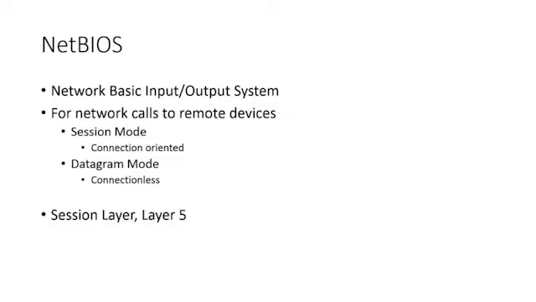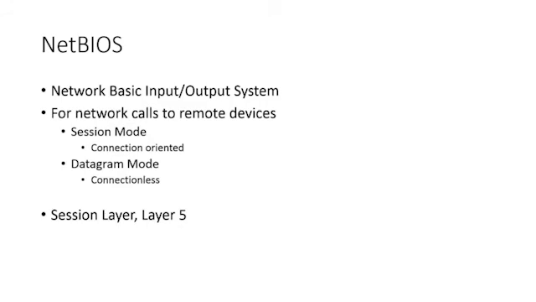Then we also have something called NetBIOS, Network Basic Input and Output Systems. Now for network calls, this is used for network calls to remote devices. Now this is kind of an older technology that we not really used as much anymore, but I want you to be familiar with it because it could be a vulnerability.